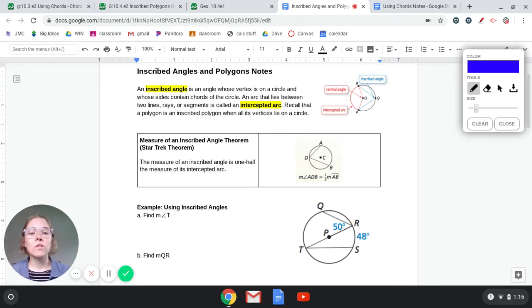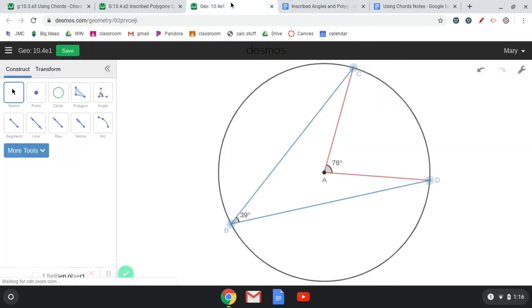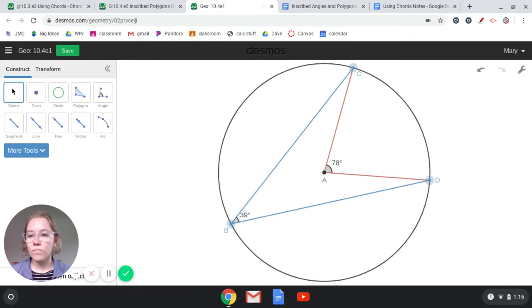Okay, so the key idea here, I'm going to show you on Desmos first. Take a look at this. We have an inscribed angle CBD and a central angle CAD. This is interactive, so you have this link and you can move this around.